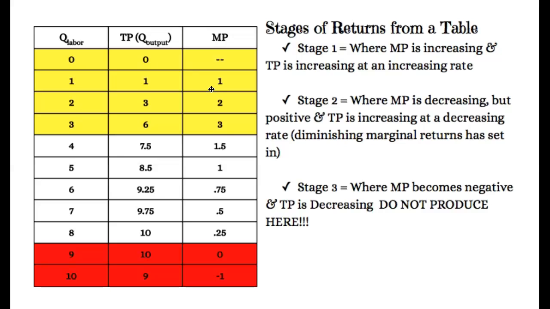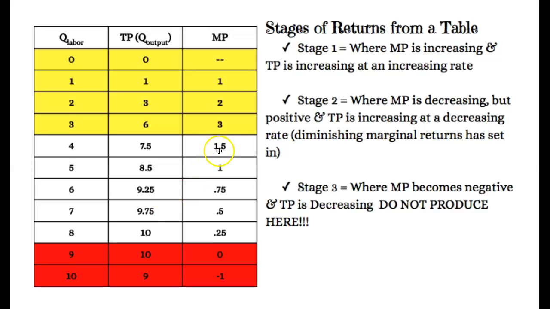You can also see this on a table. Again, stage 1 returns: this is where marginal product is increasing and total product is increasing at an increasing rate. Stage 2, from a table, is where marginal product is decreasing but still positive, and total product is increasing but now at a decreasing rate. It's not increasing as quickly.